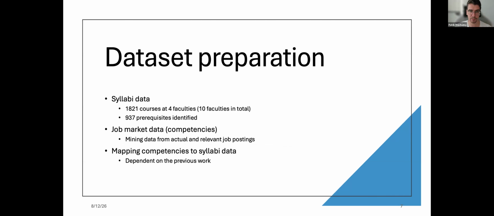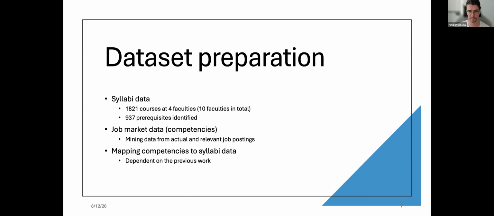Let's talk shortly about the dataset. We tried to analyze the last 2 semesters from four faculties out of 10 total in our university. For these 4 faculties, it was more than 1,800 courses. That's quite an amount of data to analyze, and we found there are almost 1,000 prerequisites identified in the links between the courses.